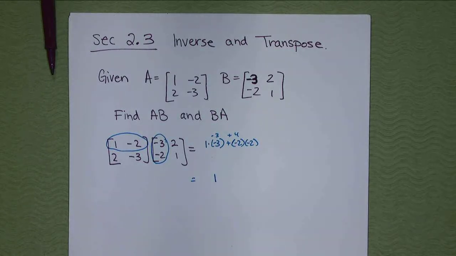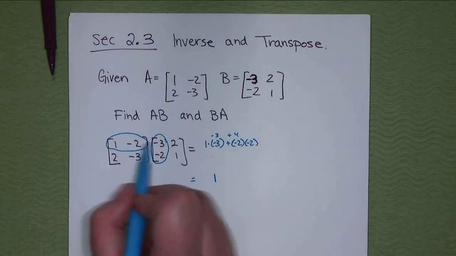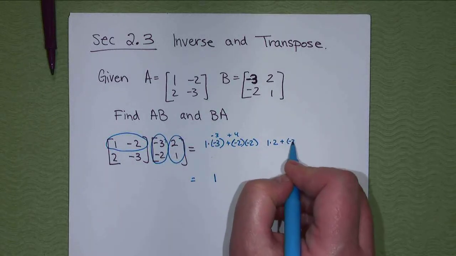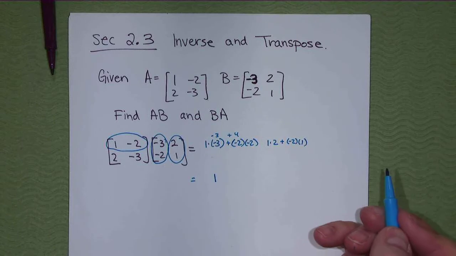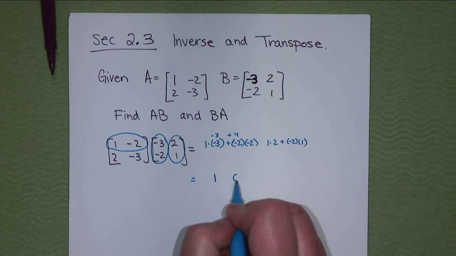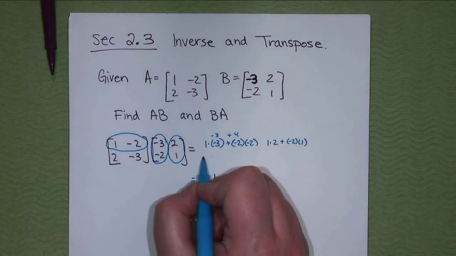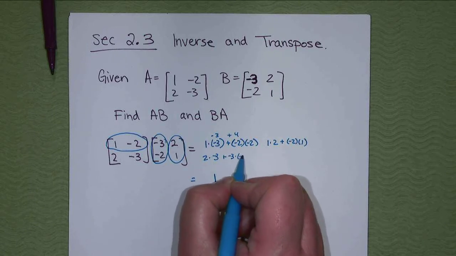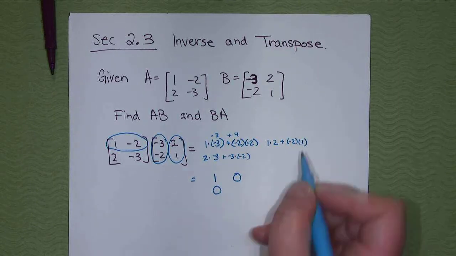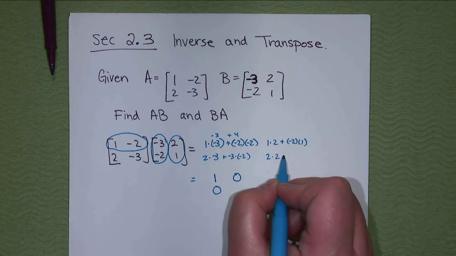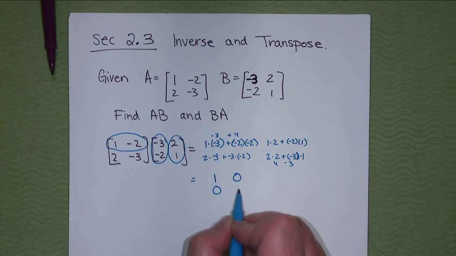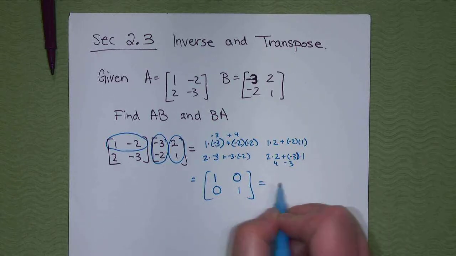So far, so good. 1 times 2 plus minus 2 times 1 is 0. 2 times minus 3 plus minus 3 times minus 2. And the last one, 2 times 2 plus minus 3 times 1, is 4 minus 3 is 1. So we got the identity.